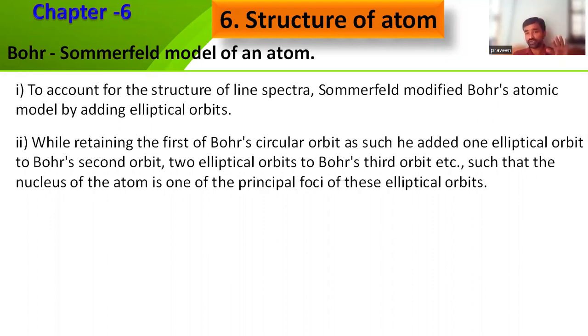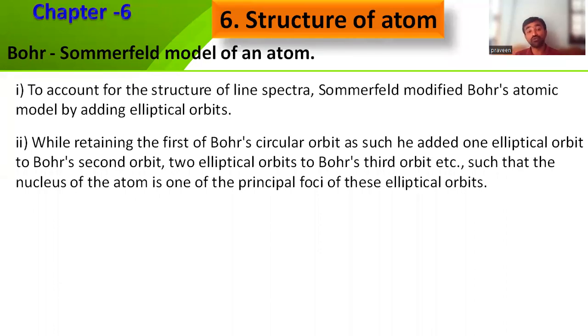So the first level has one circular orbit, the next has one circular orbit and one elliptical orbit, and the third has one circular orbit and two elliptical orbits.